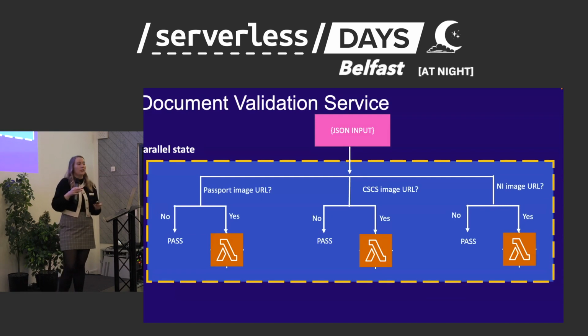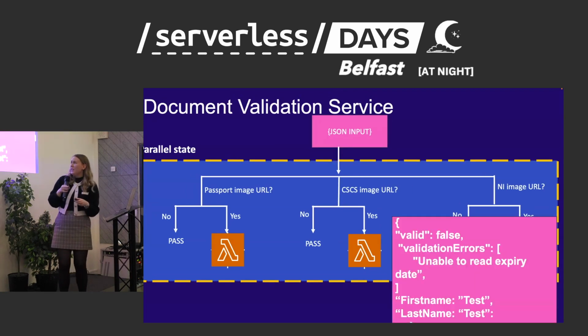And this is where we can start to take advantage of that pass state. So if it doesn't exist, we can just put a pass there. And what that means is it's just the end of the execution within that choice. It doesn't mean it goes straight to the end and everything's finished. It is just finished for that one iteration of choice, but still for the parallel state, it'll wait until everything within that yellow dashed box is finished processing before we move on to the next state.